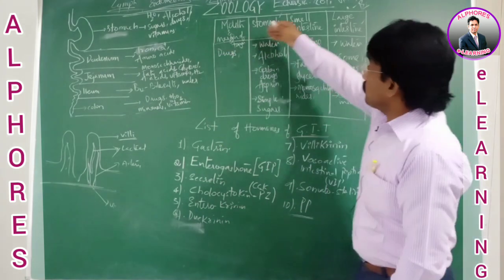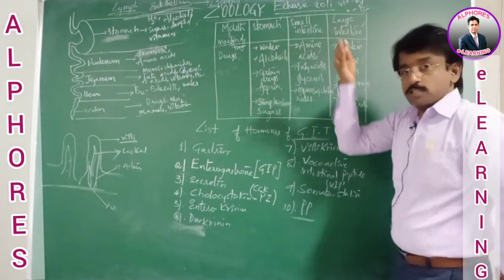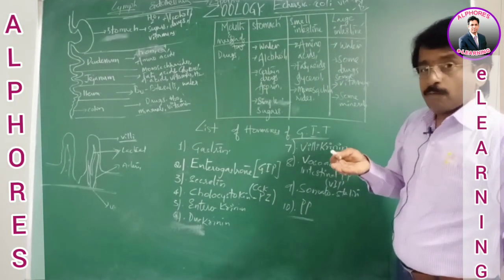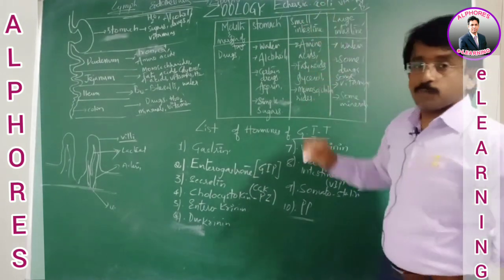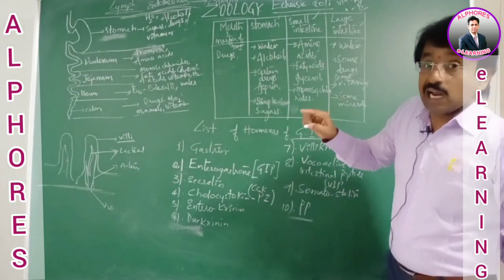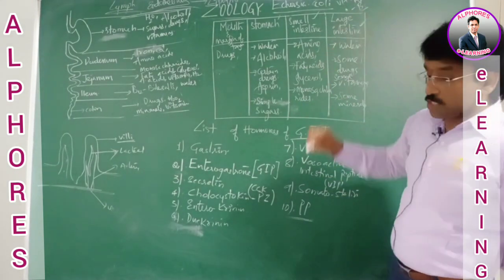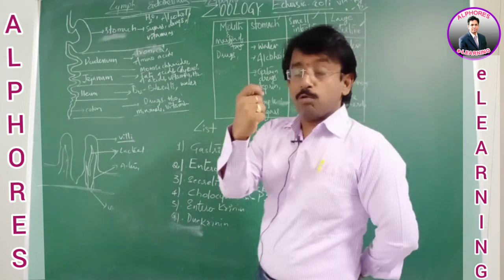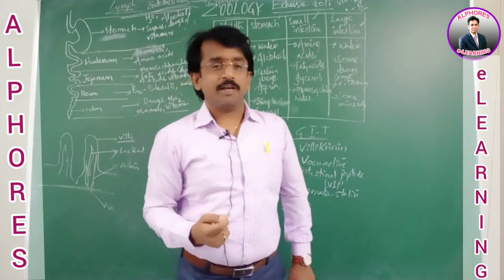So as we have seen, the food is absorbed. Absorption takes place completely in the small intestine. The unabsorbed food reaches the large intestine. What is the role played by the large intestine?